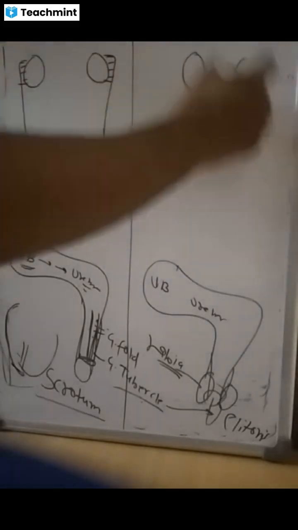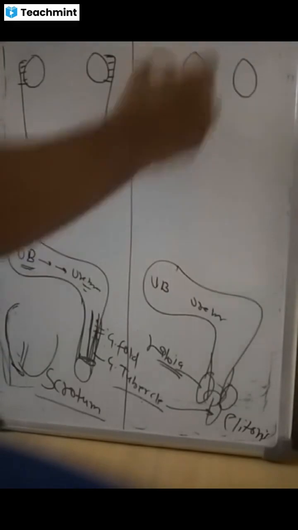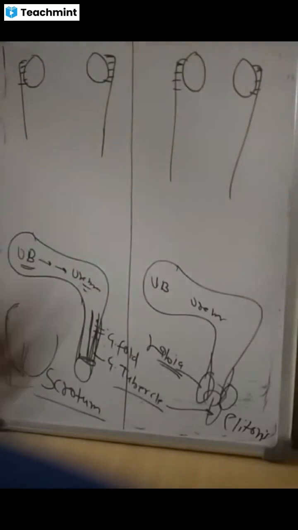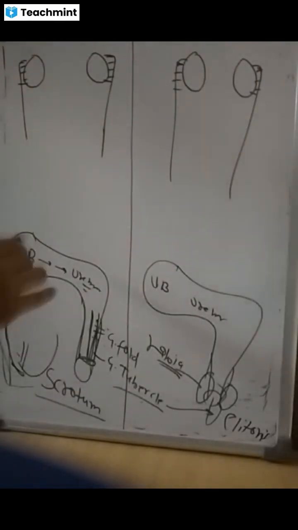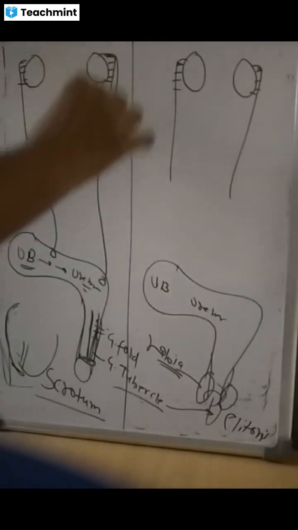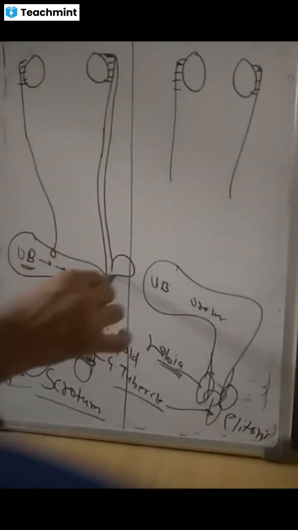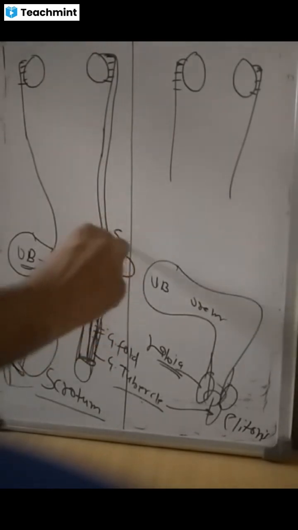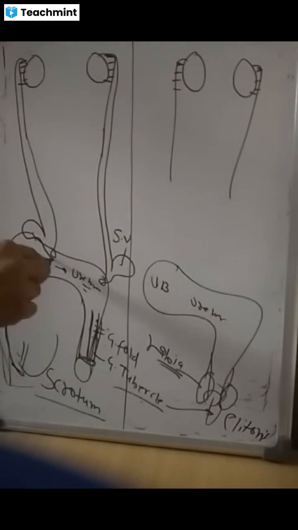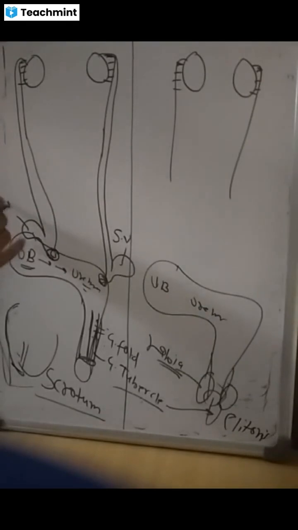Similarly, here we have ovaries, mesonephric tubule and duct. Everything is common. Here they will open with the vesicle or seminal vesicle to the urogenital sinus. Seminal vesicle.